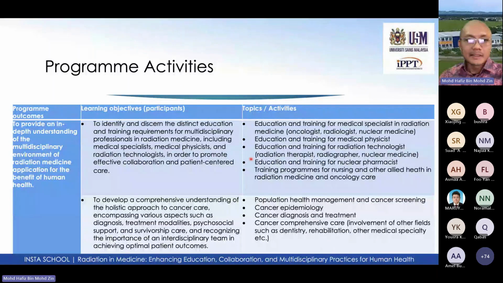So this is an example of the activities that we will conduct at the school to provide an in-depth understanding of the multidisciplinary environment of radiation medicine application for the benefit of human health. So we cover the basis of education and training of all the professionals involved, as well as the aspects in terms of public health and also cancer diagnosis and treatment, and how we use radiation in medicine appropriately.